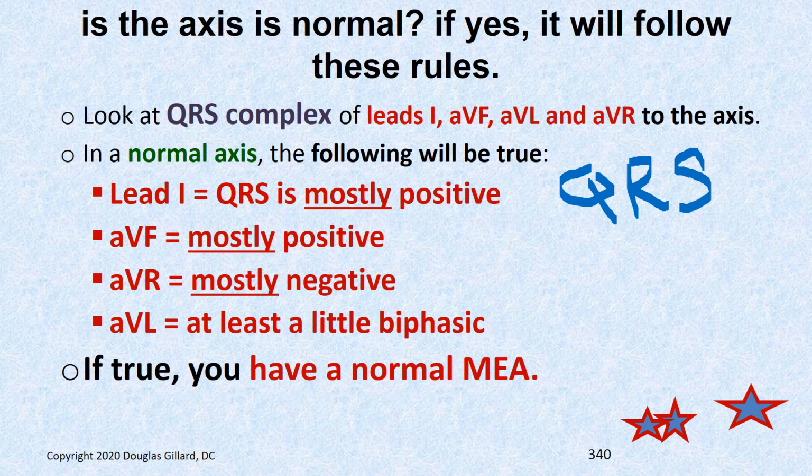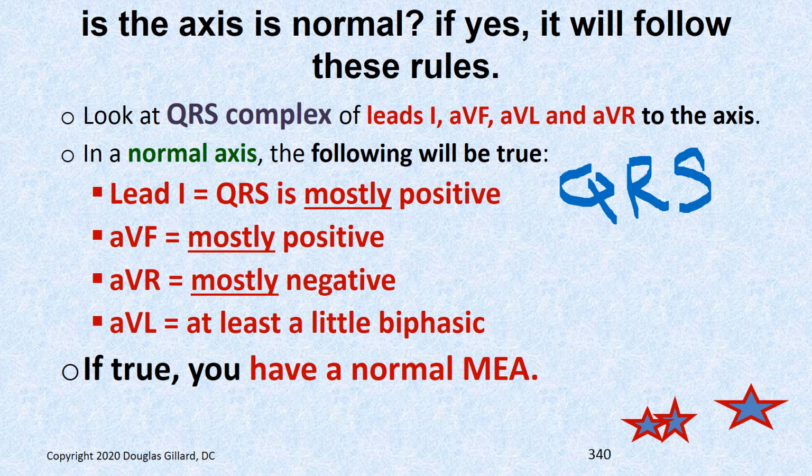So the QRS complex will be positive in lead 1. It'll be positive in AVF as well. It will be negative in AVR. And AVL has to be a little bit biphasic. If these 4 are true, then you have a normal mean electrical axis.